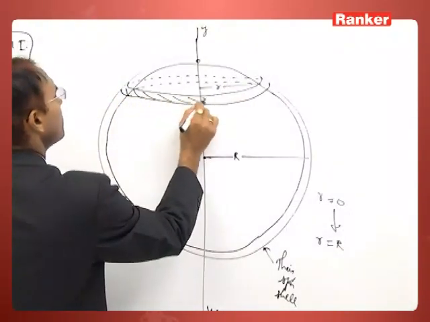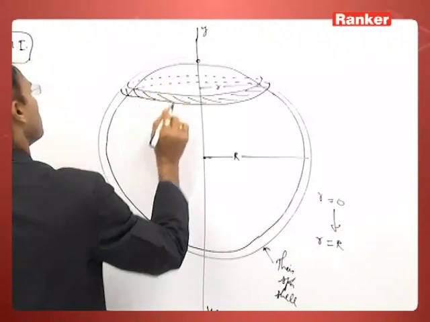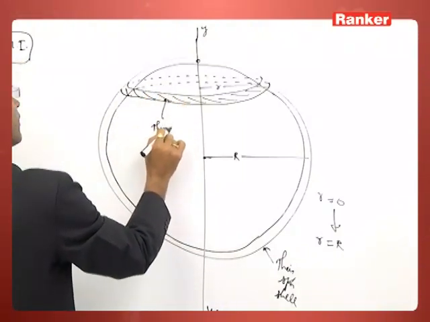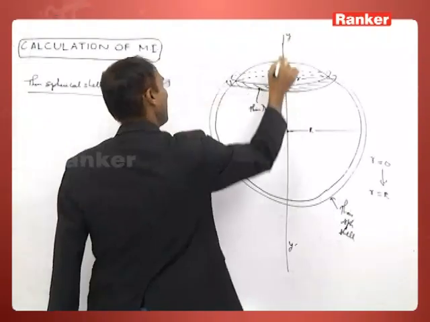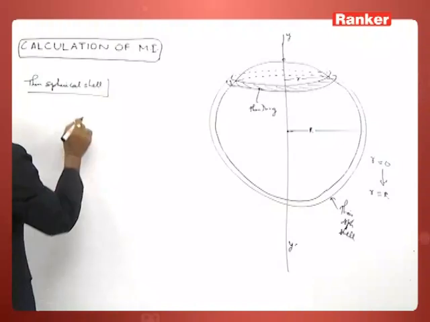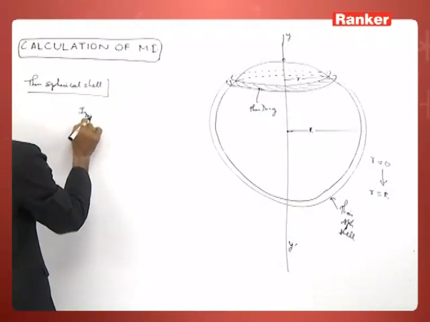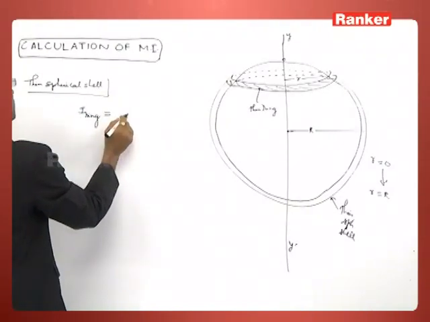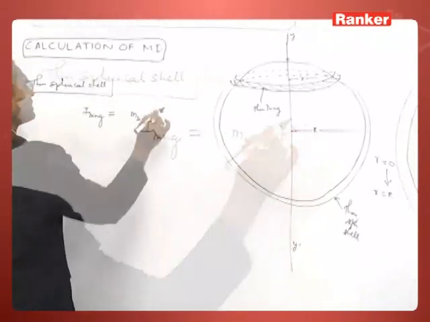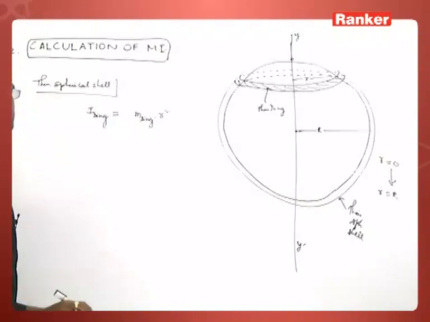If you take this ring, this is the thin ring. Its moment of inertia about the y-axis is I ring equal to mass of the ring into square of its radius, that is small r.